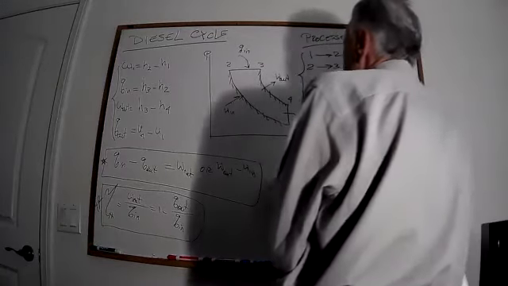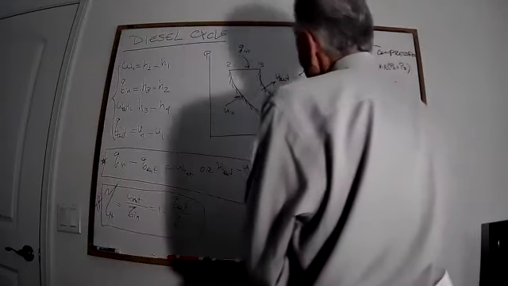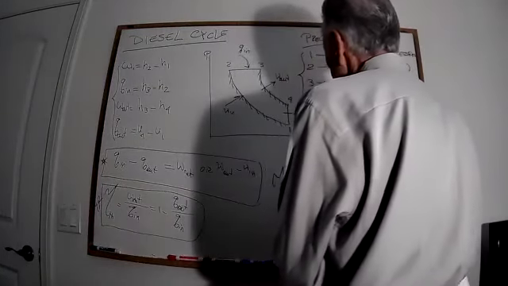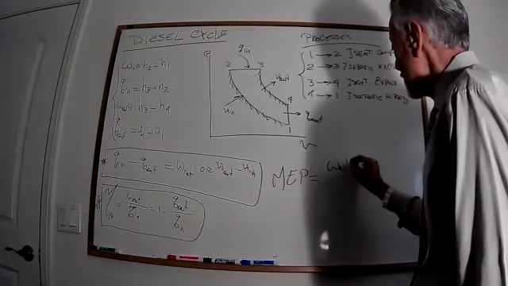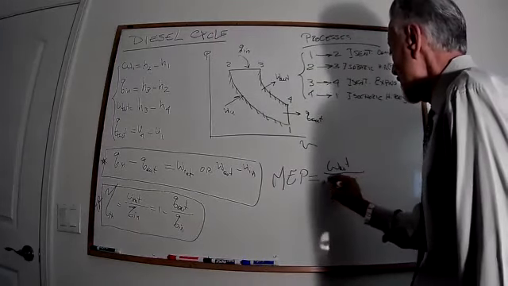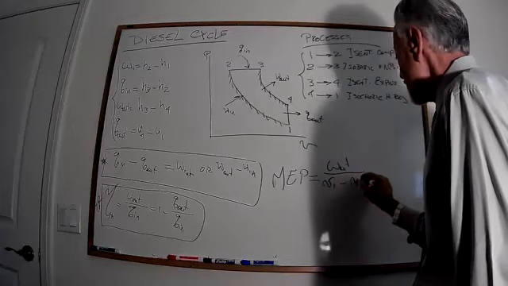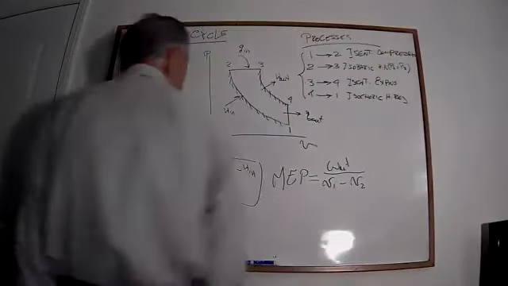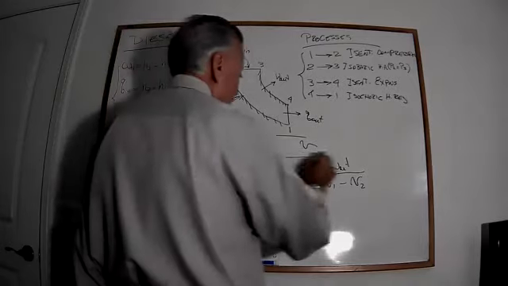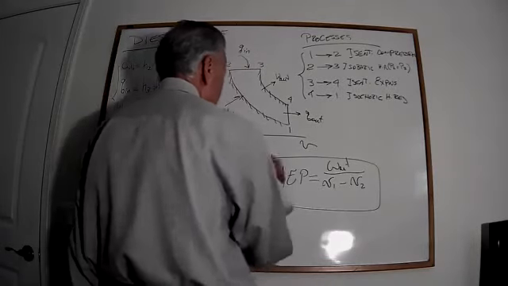We also have, in this case, mean effective pressure, like we had before, which is net work divided by V1 minus V2. So that's these characters.